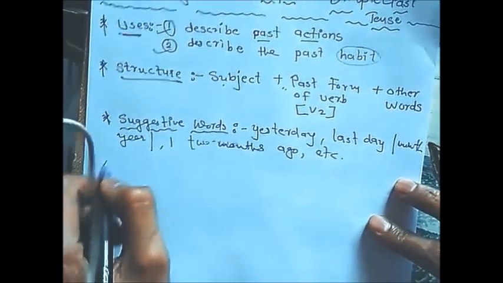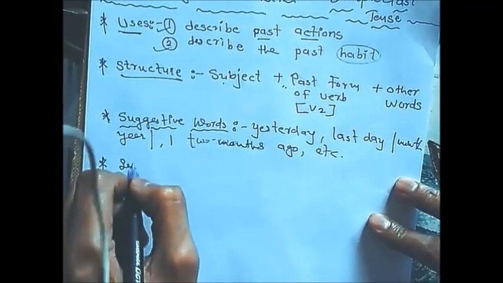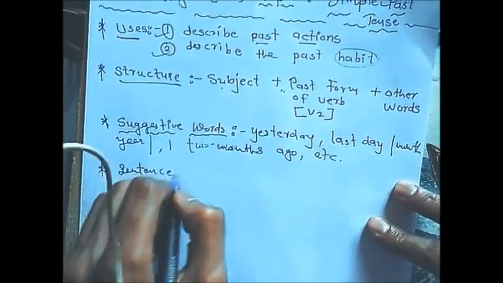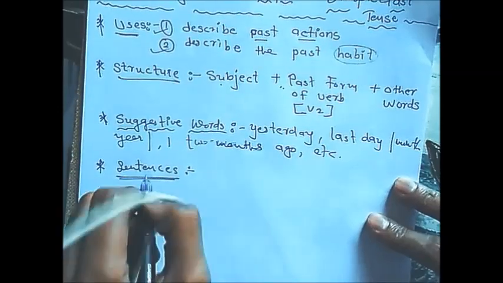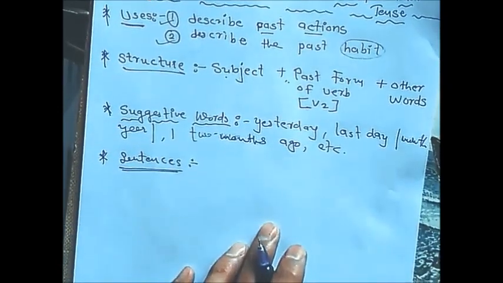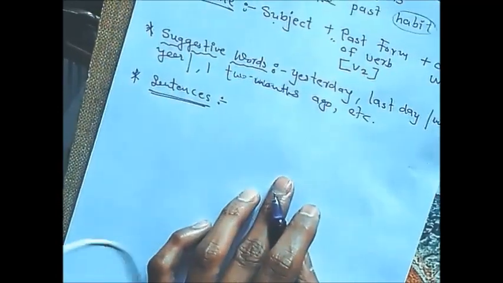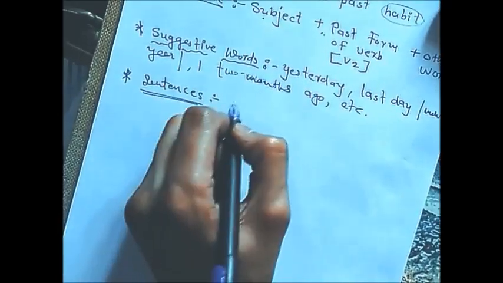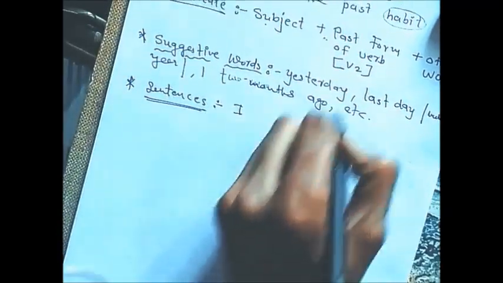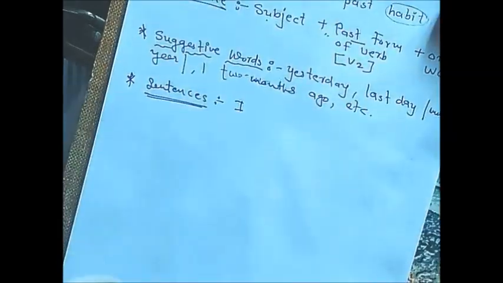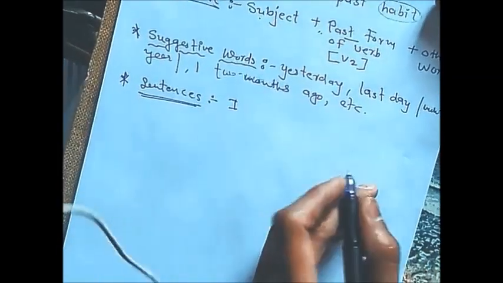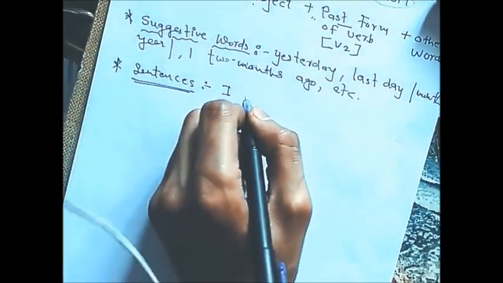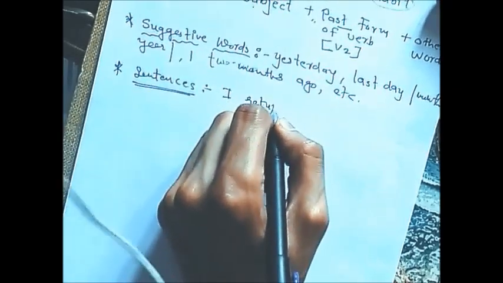Now let us come to some sentences so that you can get some more idea. Let us make some sentences. The first sentence: I am going to take the subject I, then after that the past form of the verb. Any verb you can take here. Let me take a verb like return.